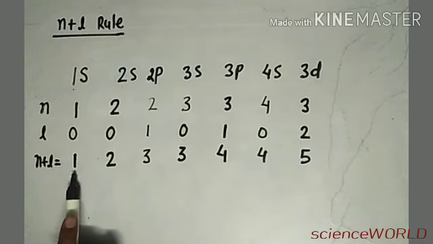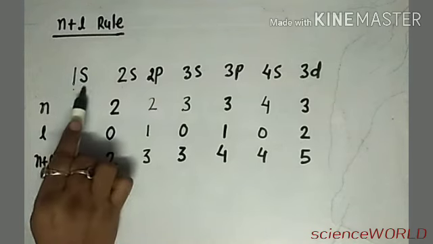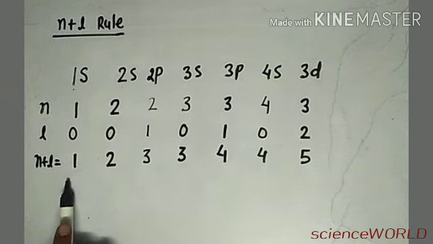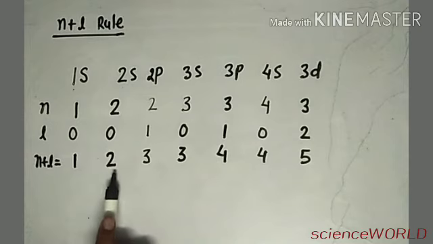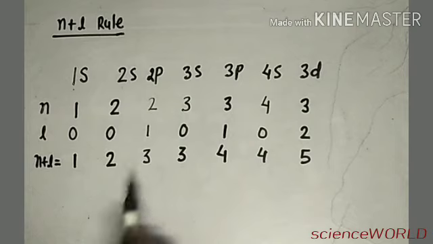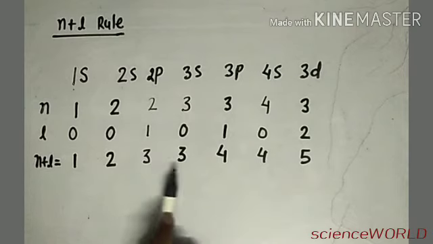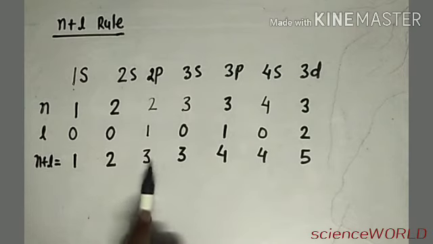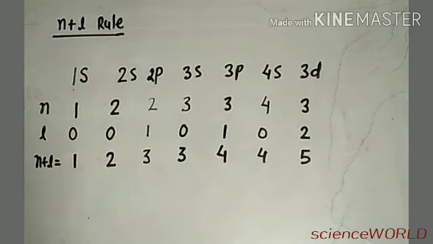Then comes the next one, 2s, obviously. When we consider 2p and 3s, the n plus L value is 3 and 3, so where does the electron come first?